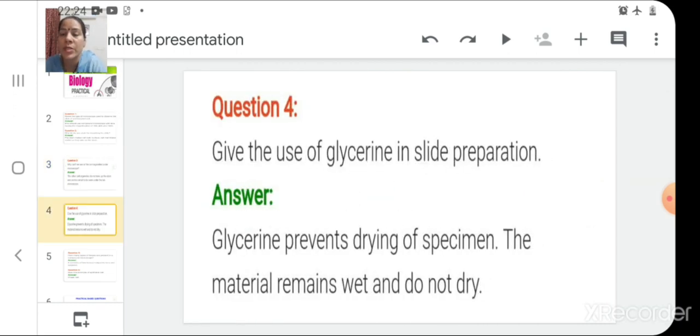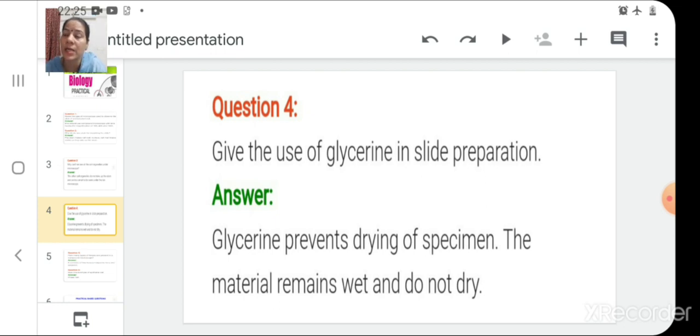Now the next question is, give the use of glycerine in slide preparation. Glycerine prevents drying of the specimen. Children, you must have noticed at home during winter you apply glycerine onto your skin so that your skin does not dry up and remains hydrated.